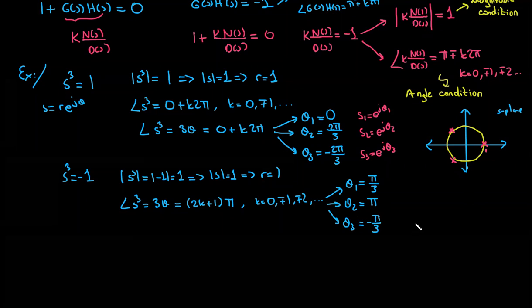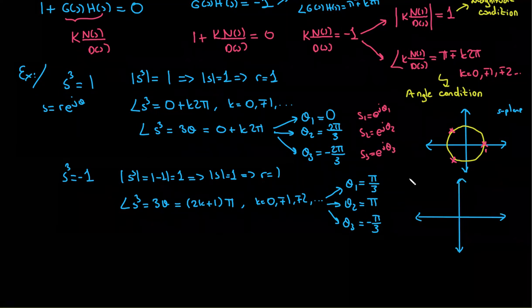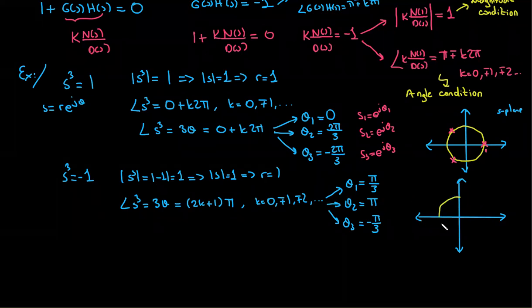Once again, I can plot the S-plane and show these root locations. Here again, S1 is equal to e to the j theta 1, S2 is equal to e to the j theta 2, etc. If I plot the unit circle once again, this is 1.